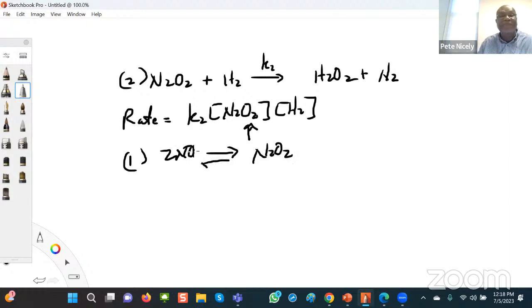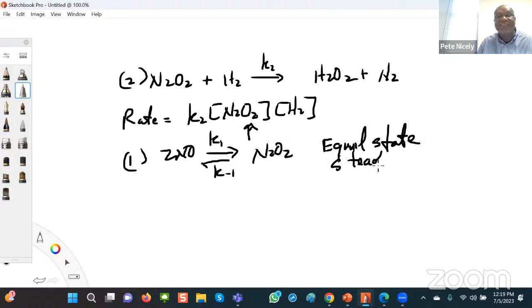Now the rate of the forward reaction is K1, and the rate of the reverse reaction is labeled K minus 1, right? So basically what we're going to assume is that this is an equilibrium state. And we're going to learn more about equilibrium later on, sometimes called a steady state.